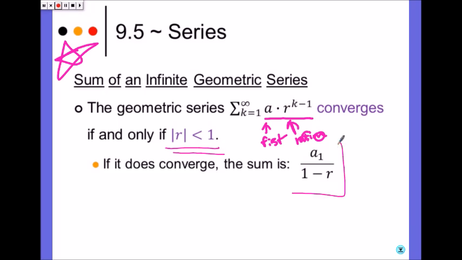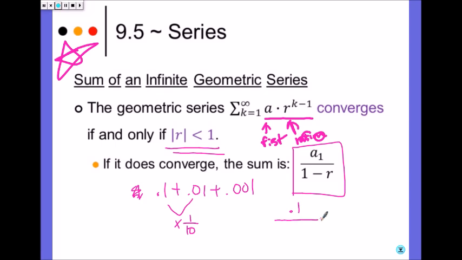Okay, so let's try. The one that we did was what? 0.1 plus 0.01 plus 0.001. So what is that equal to? What are we doing each time? The ratio was 1/10. So you take the first term and divide by 1 minus the ratio, which is 1/10.